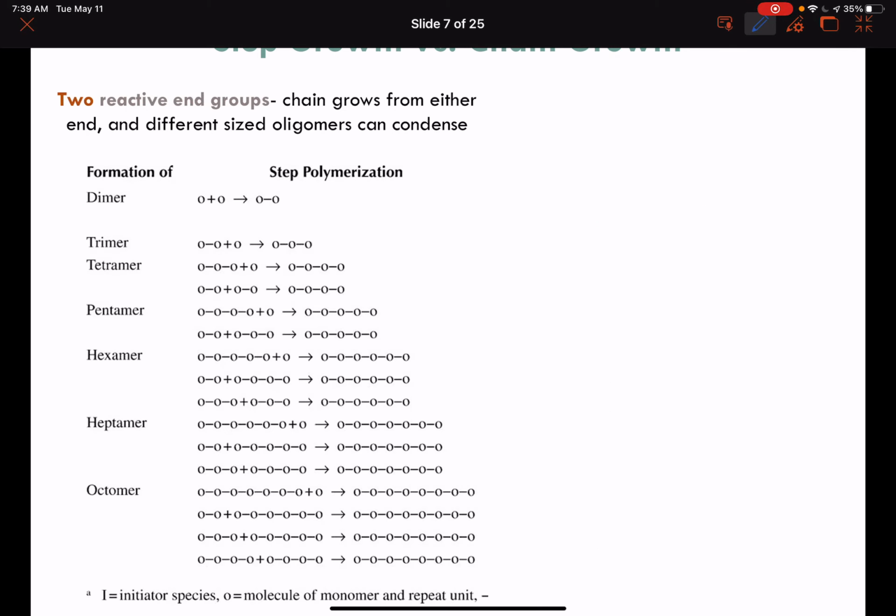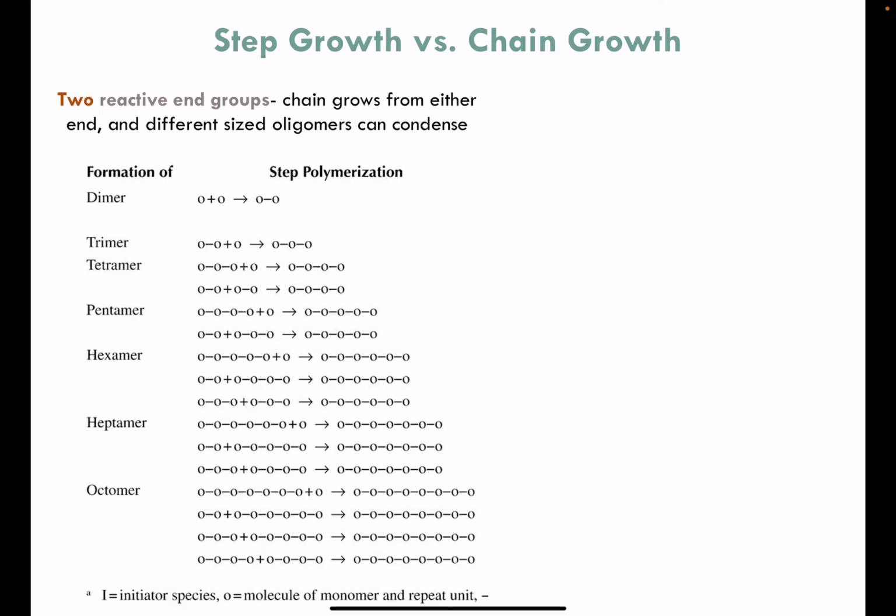Okay, some further comparisons are here. Here's step growth versus chain growth polymerization characteristics. So recognizing that there are two reactive end groups, the step growth polymerization can be cartooned to recognize that dimer formation might be an early reaction step in generating high polymer as we move down the scale of the reaction.